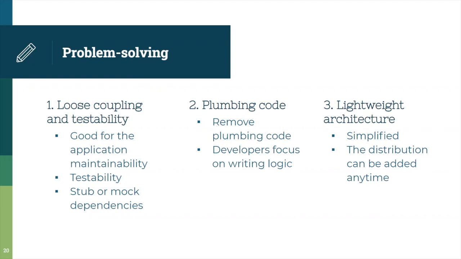With Spring JDBC, Spring JMS, and other abstractions, the developer could focus on writing business logic. And then, using EJBs makes applications complex, and not all applications needed that complexity. So Spring provided a simplified, lightweight way of developing applications. If distribution was needed, it can be added later.